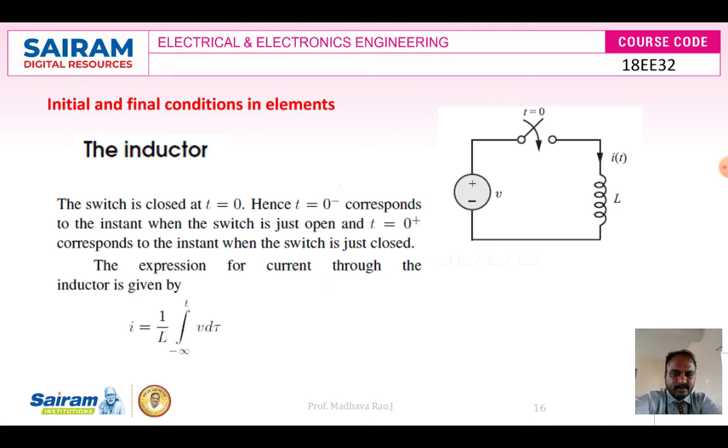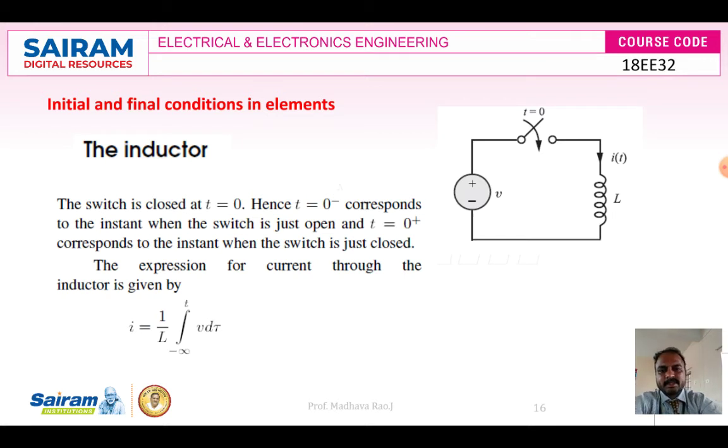T is equal to 0 minus corresponds to the instant when the switch is just open, and T is equal to 0 plus corresponds to the instant when the switch is just closed.